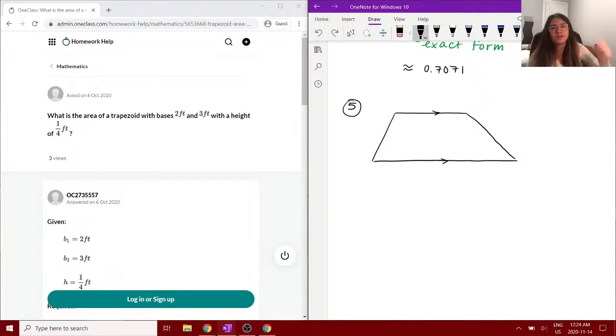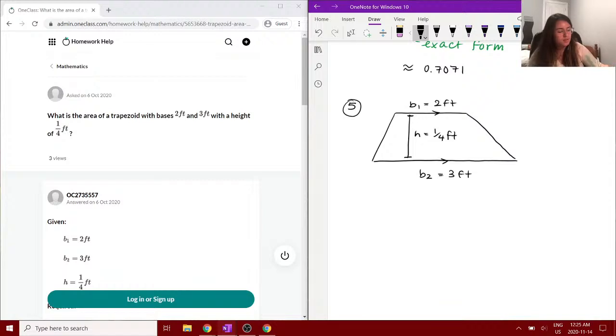Okay, so in this question, they tell us that the first base is 2 feet, the second base is 3 feet, and the height here is equal to a quarter foot.